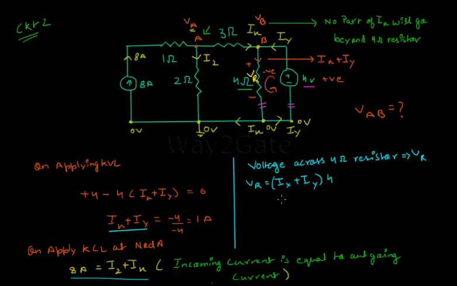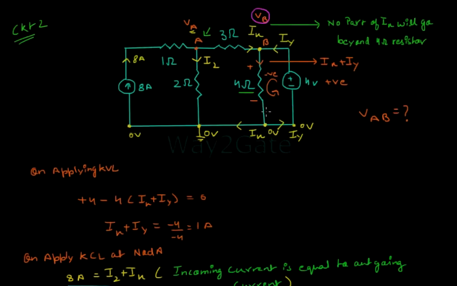Current Ix plus Iy. Due to potential difference between VB and ground, it can be calculated as VB minus 0 minus (Ix plus Iy) into 4 is equal to 0, or VB is equal to (Ix plus Iy) into 4, or equal to VR.